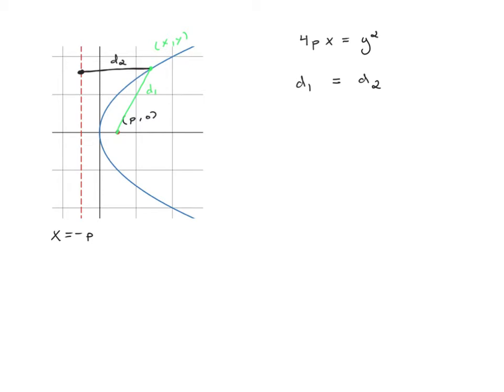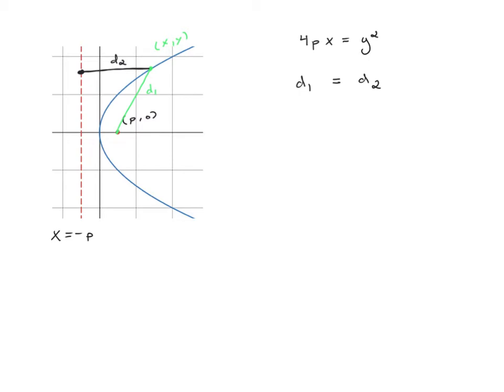Let's start by figuring out the distance d1. So I have some point x comma y and the focus, which is p comma 0. The distance formula says that you take the difference of the x coordinates and square it, you add that to the difference of the y coordinates and square it, and then you take the square root of that entire expression.